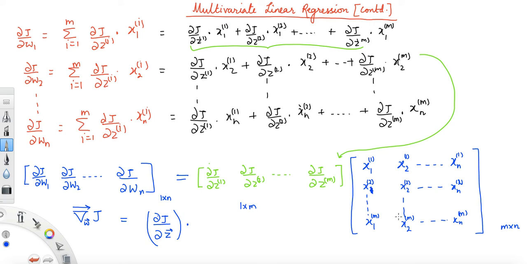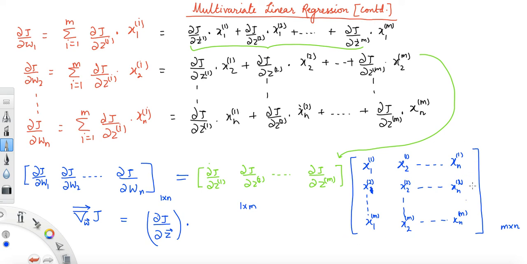And if we look at our design matrix, the input matrix, we can see that the row is transposed into a column here, right? So all those rows, because in the design matrix we have x1, x2, all the way up to xn. And in the first column there is the first training example. So if we transpose this into a column, we'll be getting the same thing, right?